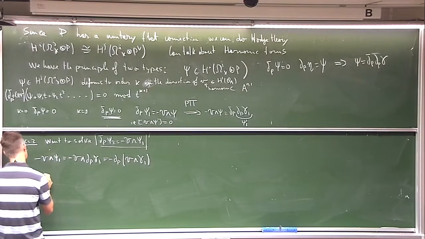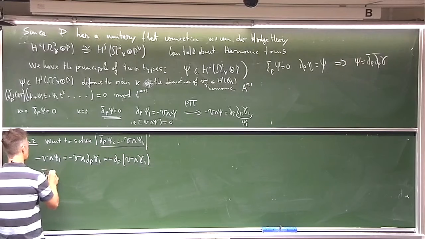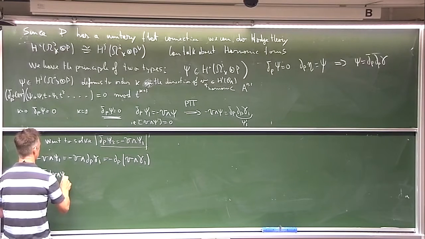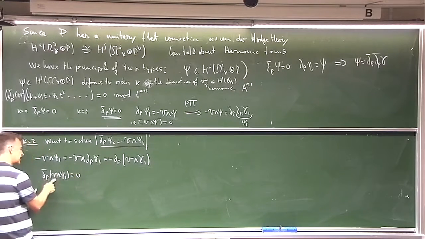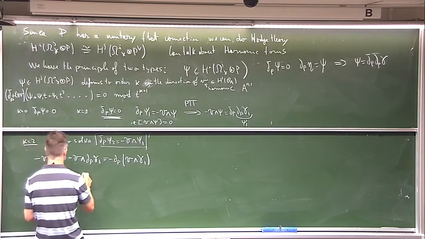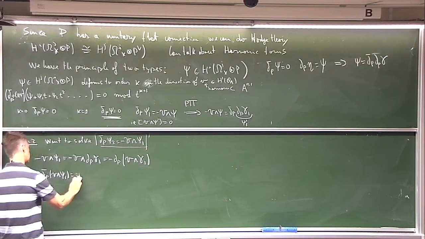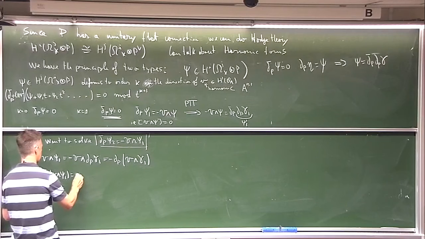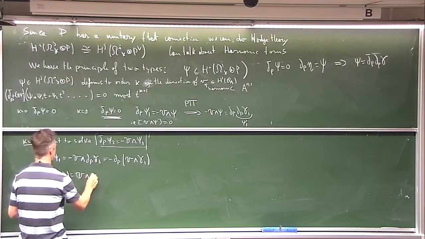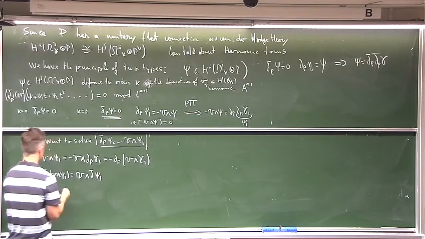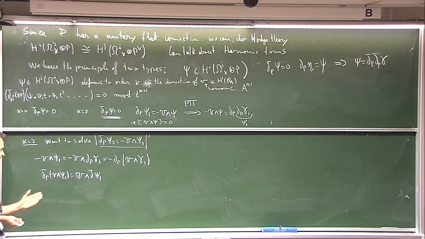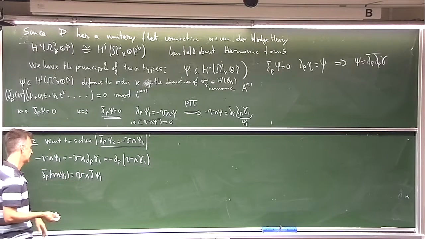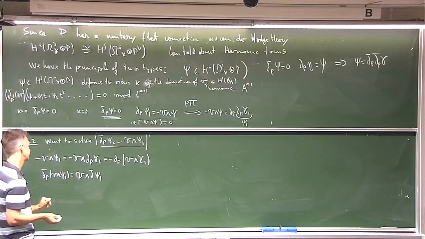So I really want to show that del bar of v wedge psi 1 is equal to 0. Now v is harmonic. So this will be v wedge del bar psi 1, because when I distribute this, I don't get any contribution from v.